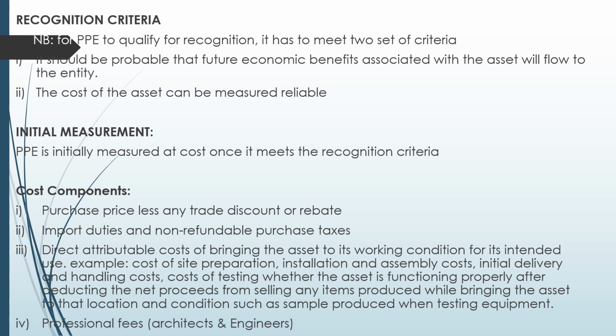Recognition criteria. We should note that PPE can qualify for recognition if it meets two sets of criteria. One, it should be probable that future economic benefit associated with that asset will flow to the entity, and also the cost of the asset can be measured reliably.